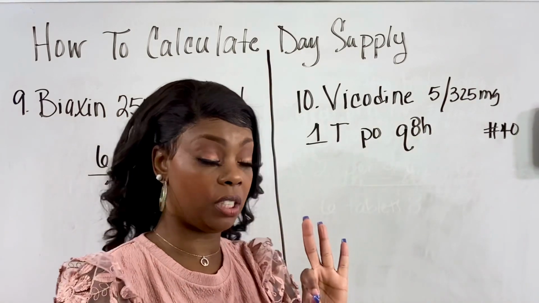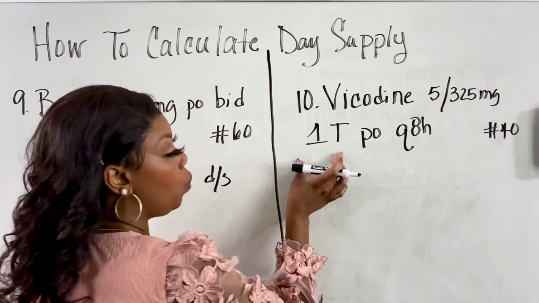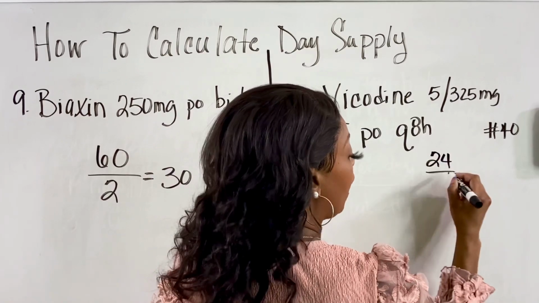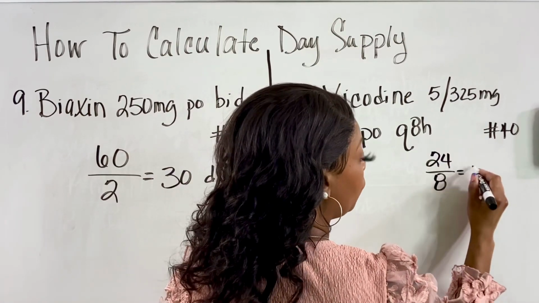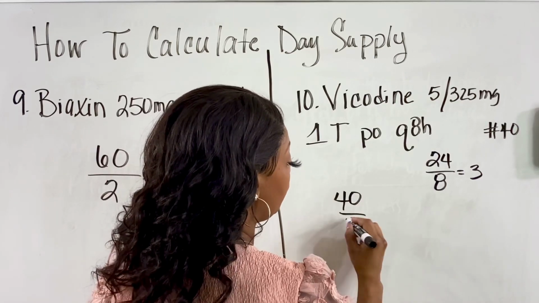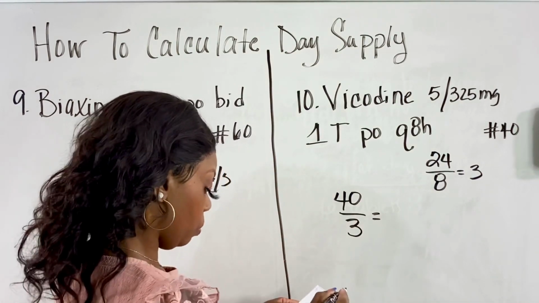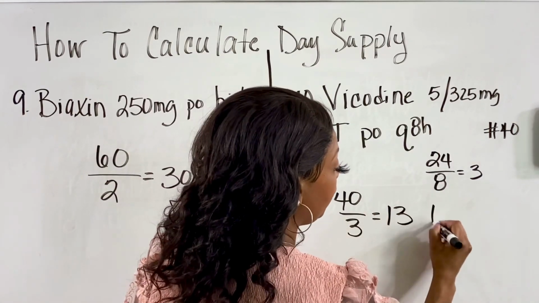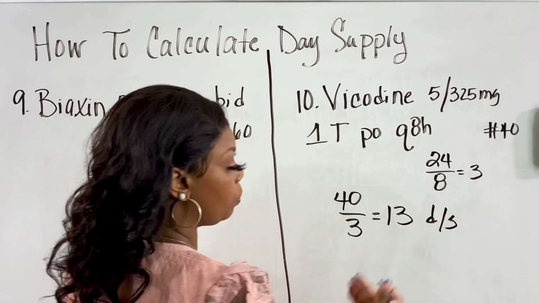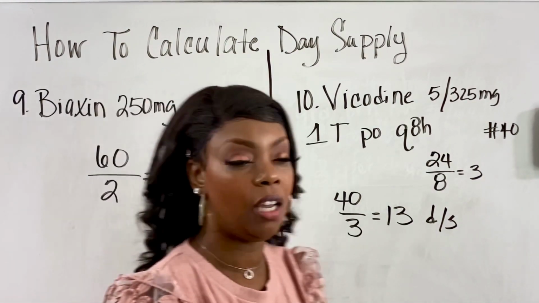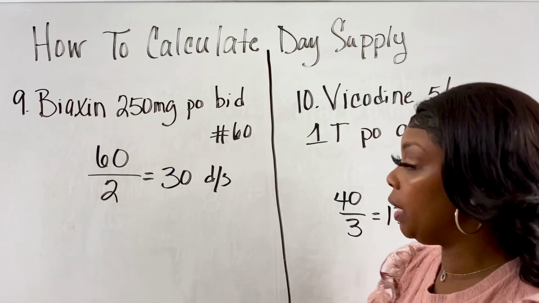So that patient is going to take this 3 times a day, because that's 1 tablet by mouth every 8 hours, which is 24 hours in a day, divided by 8, which is 3. So they're going to take this 3 times a day. So 40 divided by 3, which I think I came up with a strange number. It may be a different number, but it's a 13-day supply. It may have been a decimal or something like that, because I highly doubt 3 is going to go into 40 evenly.